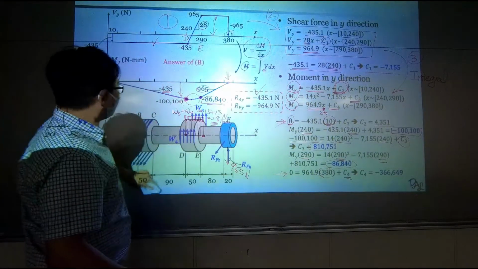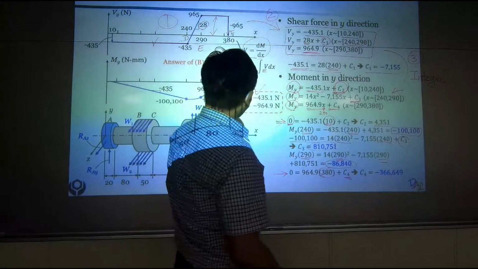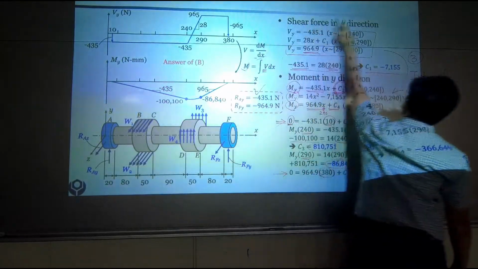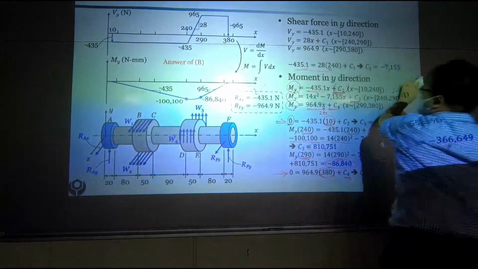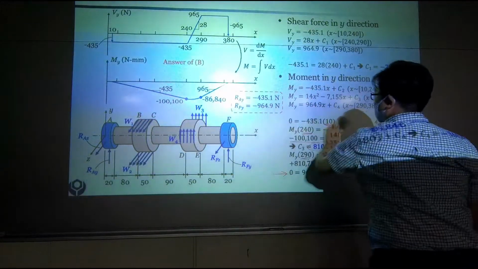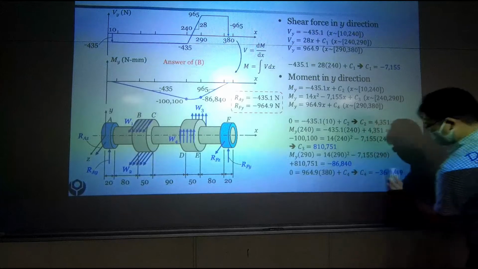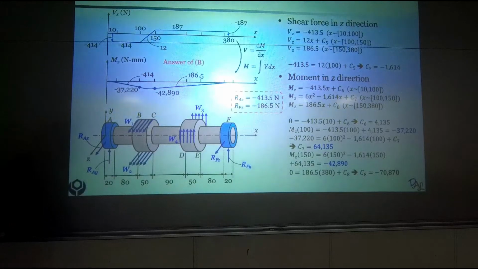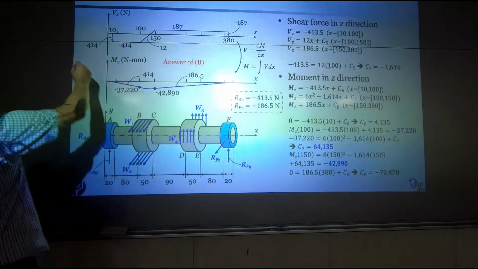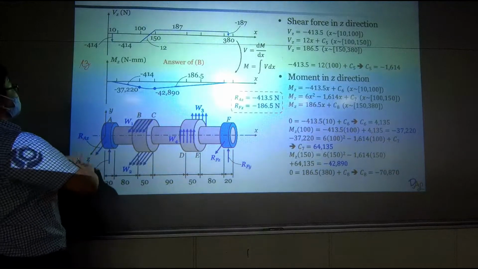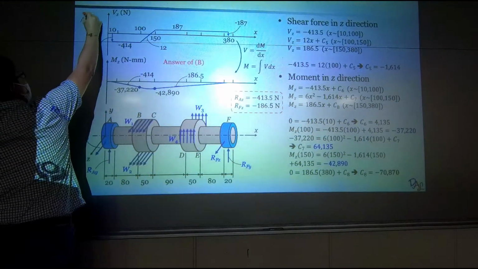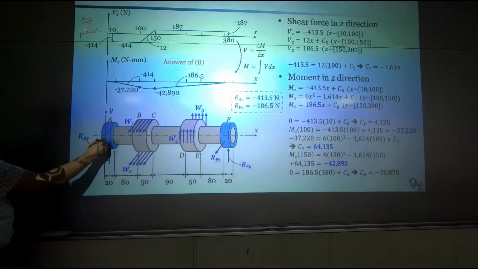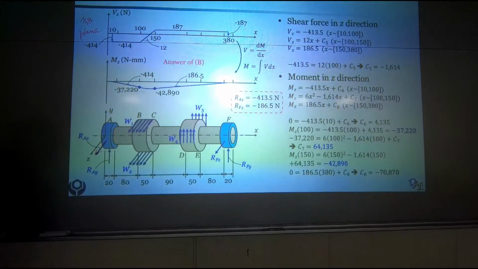So we're going to repeat this whole thing again on the other plane, the XZ plane. Okay, so over here we have a force going this way.